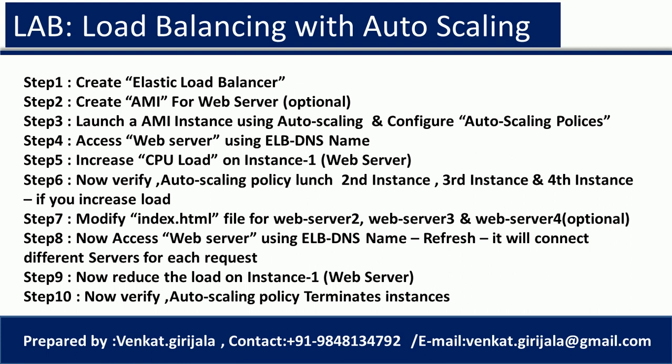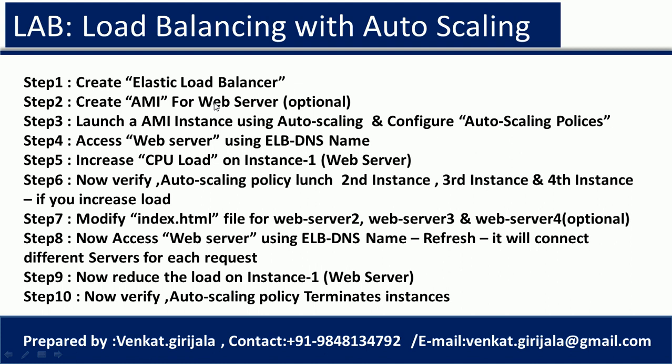For this, in step 1, we need to create an elastic load balancer. Step 2, create an image for the web server, which is optional. I'll show it because in my AWS console I already created an image for the web server.